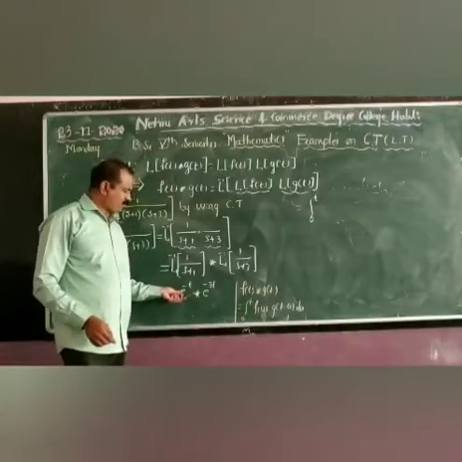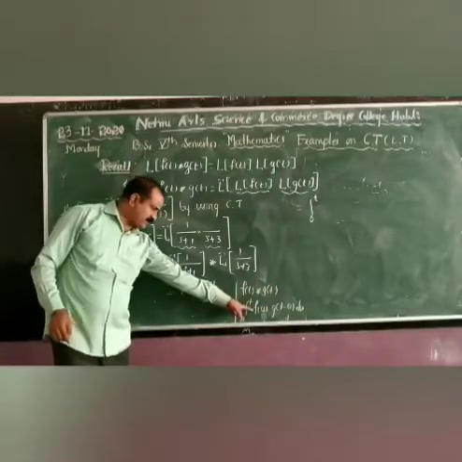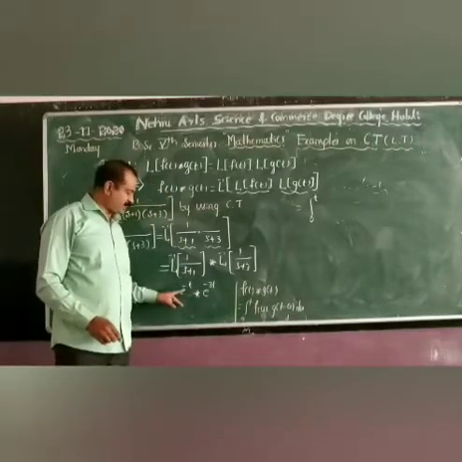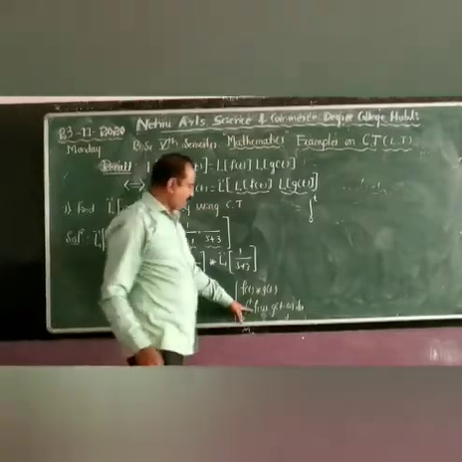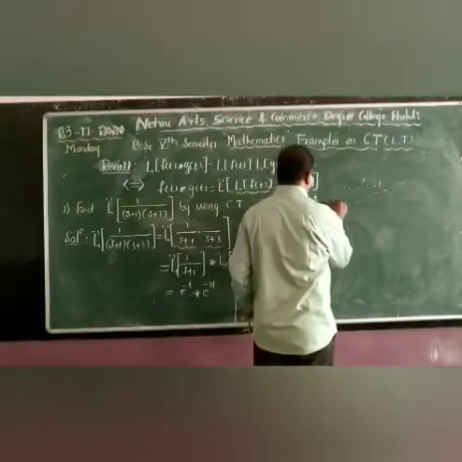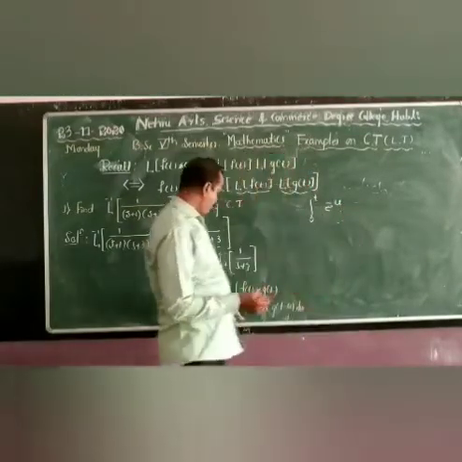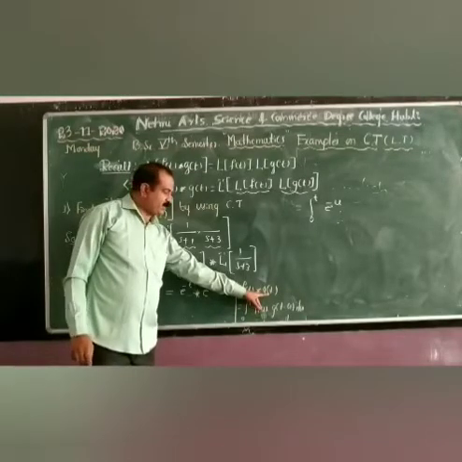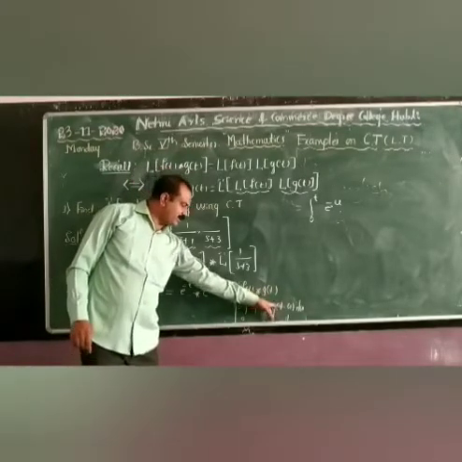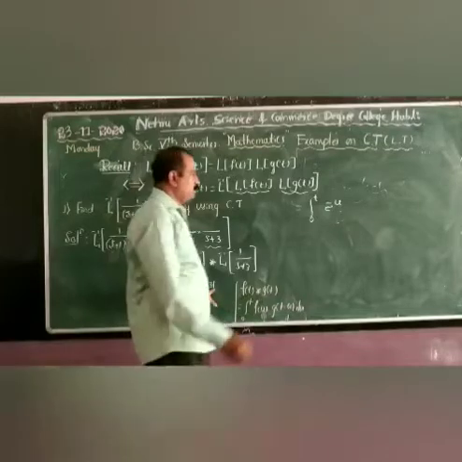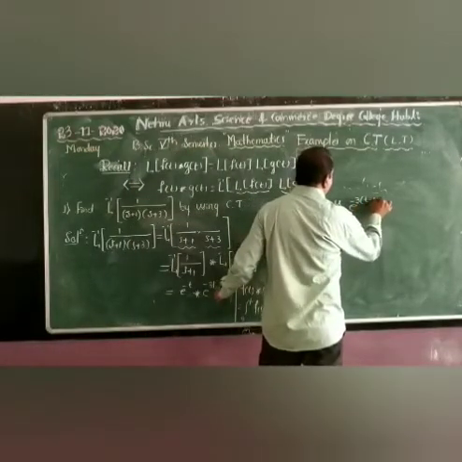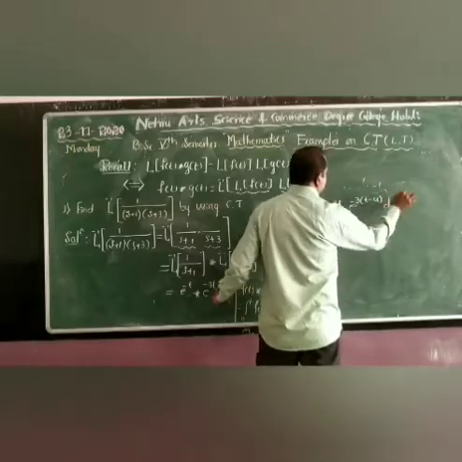What is f of u? e raised to minus t in terms of u is e raised to minus u, into e raised to minus 3t treated as g of t minus u, which is e raised to minus 3 into bracket t minus u, with respect to u, du.